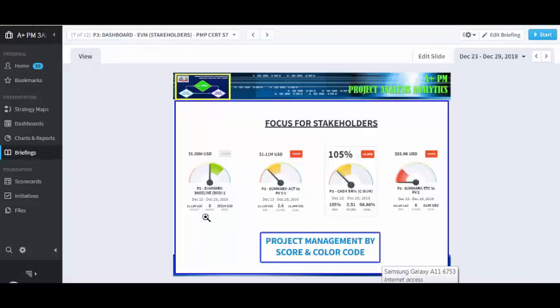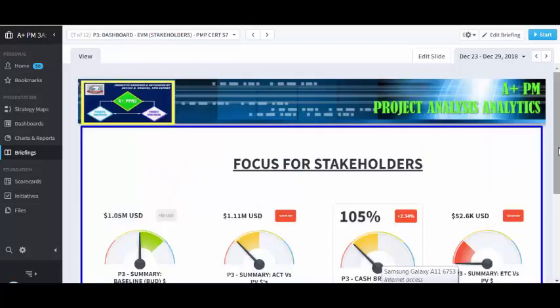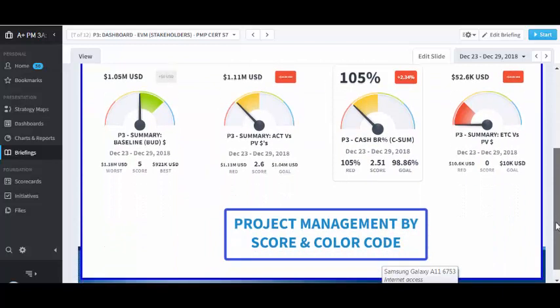So if we take a moment here and we just look at the scores of these selected KPI metrics that we're going to focus on for the stakeholders, we see that the actual versus the planned value is at a 2.6 score, which we have here.